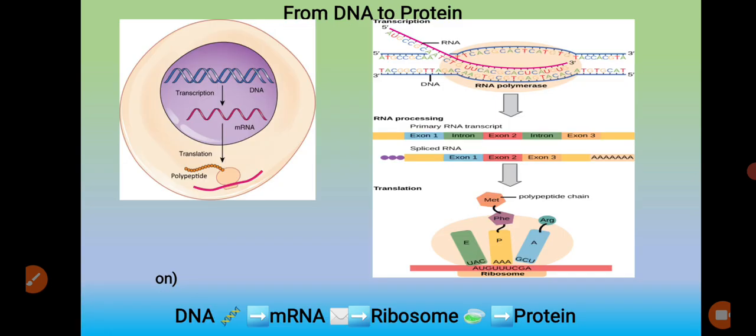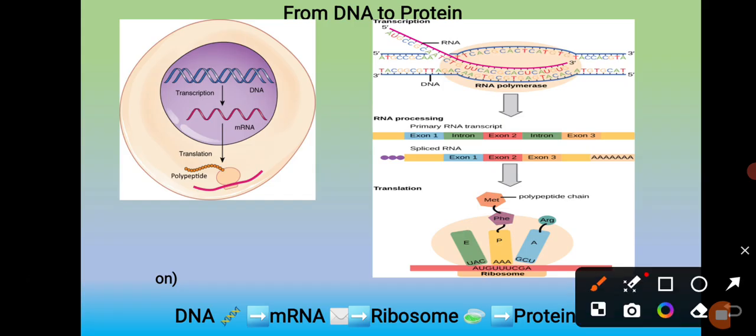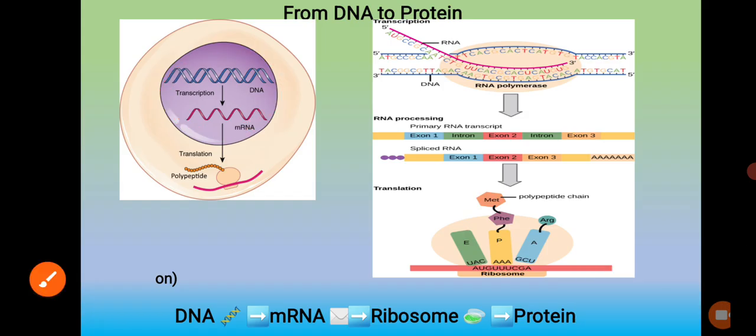So this is a picture showing how protein is formed from DNA. In this case, you can see that DNA is mainly involved in the transcription process. DNA forms mRNA, and in translation, it prepares the protein.